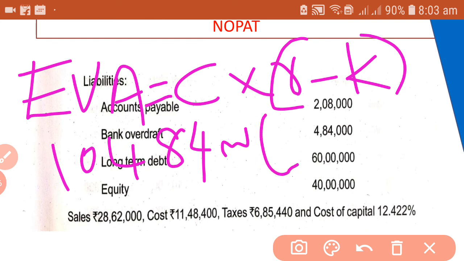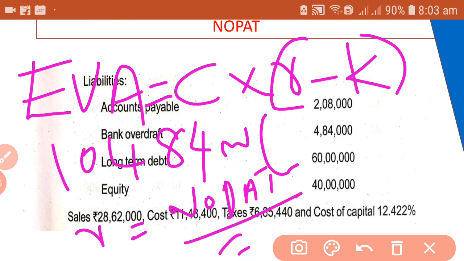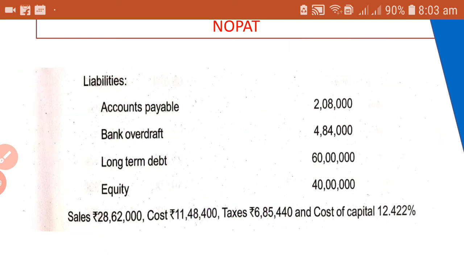Rate of return is not given, but we can calculate it. Rate of return is equal to NOPAT divided by capital. We have also already got 0.12422, that is the cost of capital. Like this also we can calculate EVA.